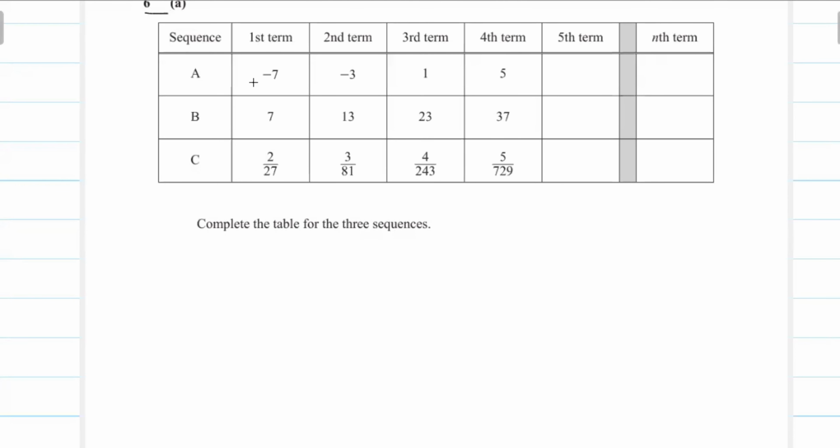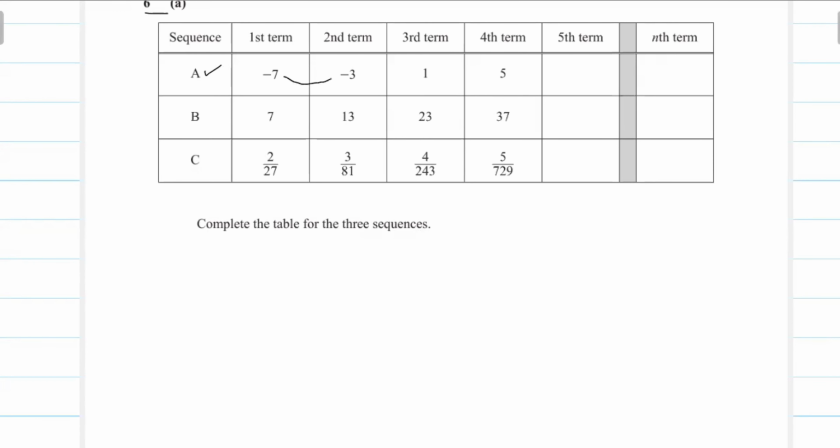Question 6, part A. Complete the table for 3 sequences. Firstly, sequence A. In this sequence, you see here -7, -3, 1, 5 are the terms. To check the sequence, we see the difference between each term.